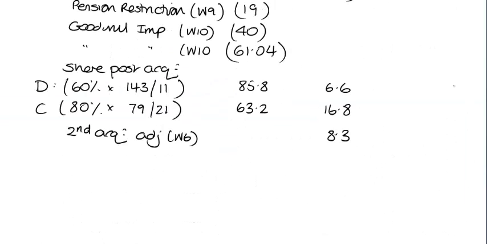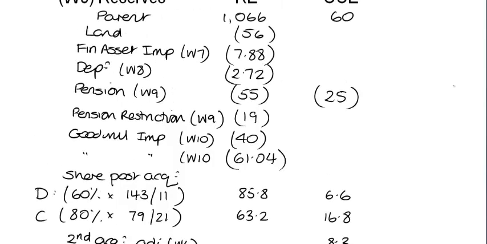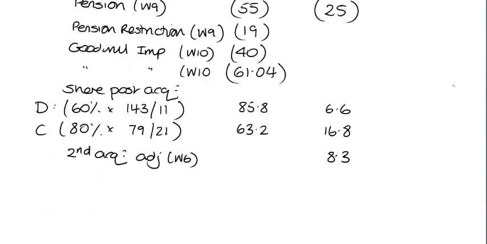group reserves, except if this was an exam, what's the chance of making at least one mistake? Pretty high. I probably wouldn't bother adding it up. I'd probably just say, look, I know I've made at least one mistake. I'm not going to bother. But if you do add that up, you get a figure of 973.36 and 66.7 for retained earnings and OCE.